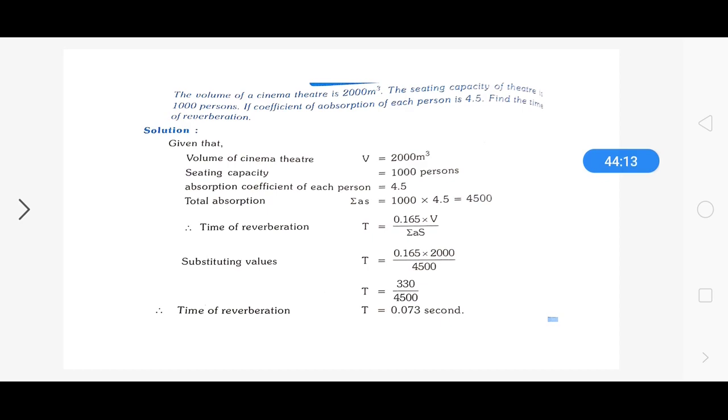Here I calculated the absorption from the equation sigma AS and substituted in the equation. And how to find the absorption? It is absorption coefficient into S. S means seating capacity, means 1000. 4.5 into 1000, that is 4500 is the total absorption.